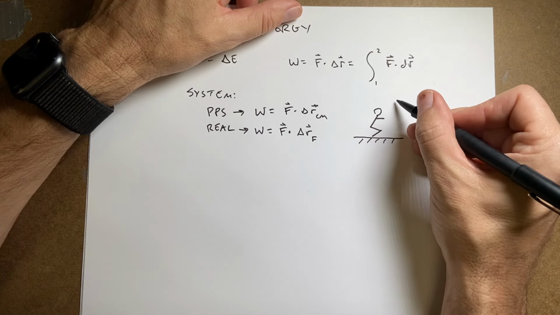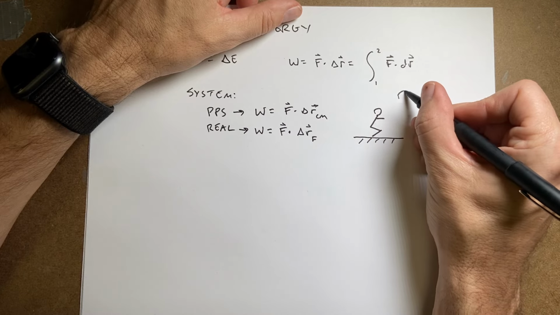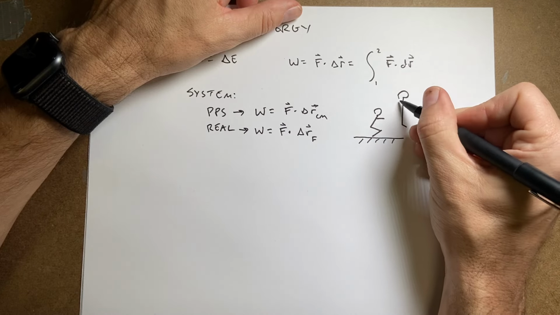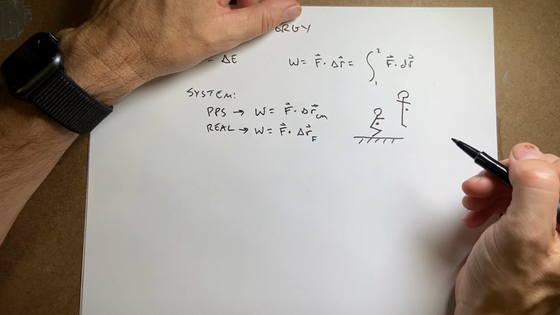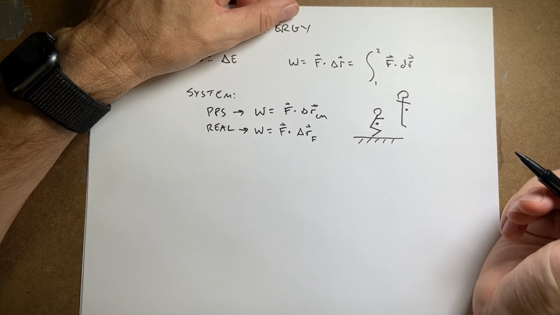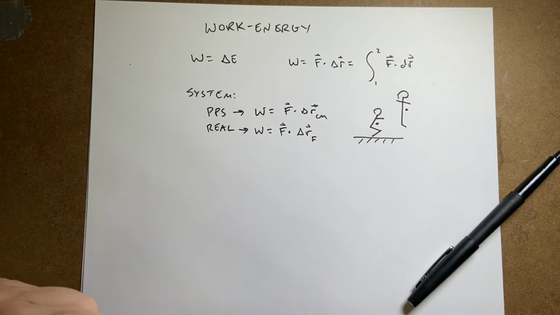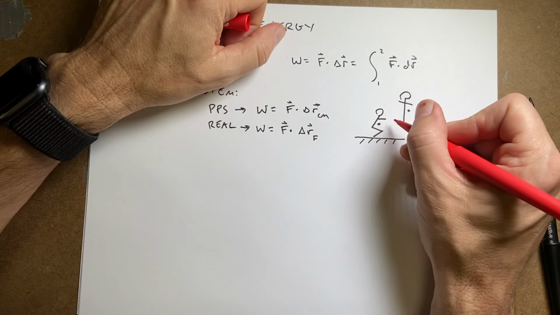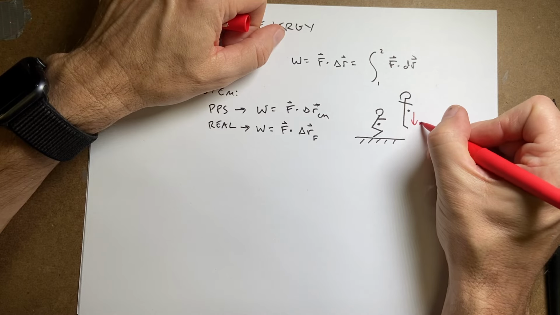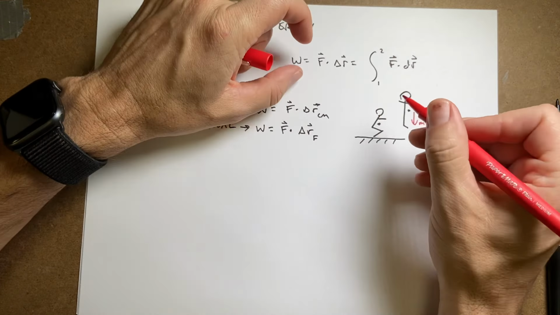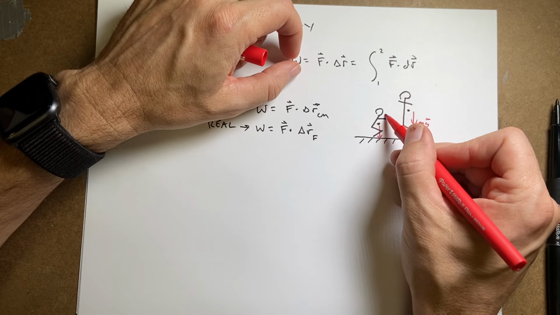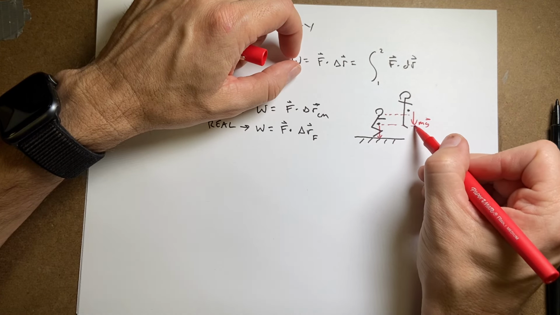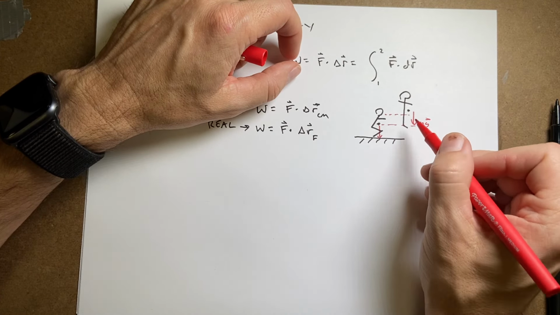This guy's going to jump like that. So here's the center of mass, here's the center of mass. Now, if I use the point particle system, I have a couple of things. One, I have the gravitational force. And then two, let's say it goes up to here when they lose contact. I also have the force of the floor.